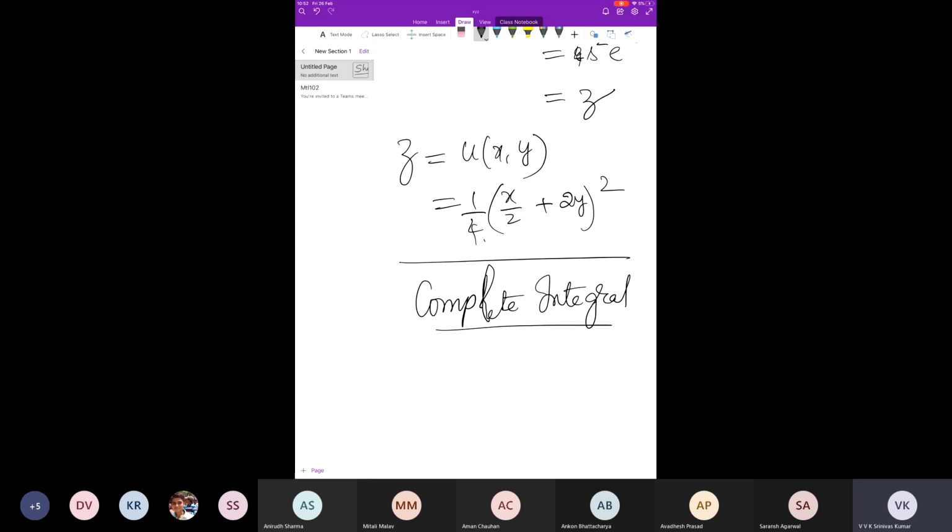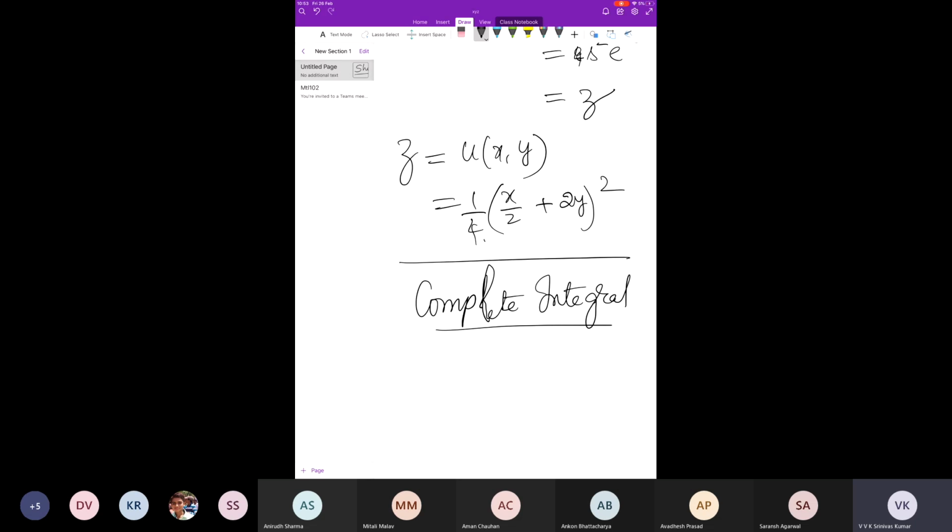The next topic is complete integrals and general solutions. So in this, the complete integral is a two parameter family. Shall we do this in the next class? We'll do the complete integrals in the next class.